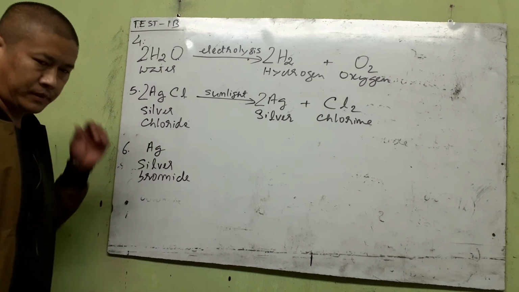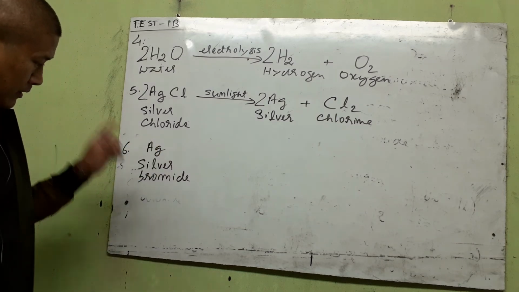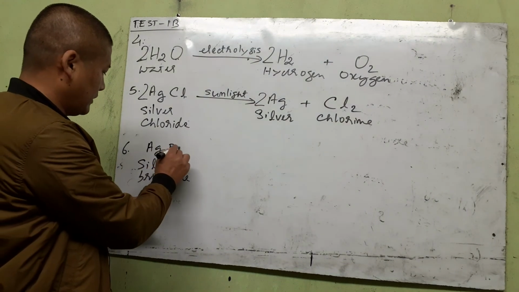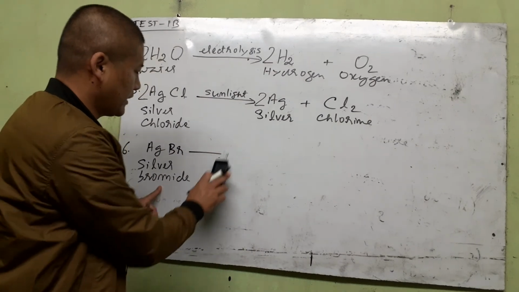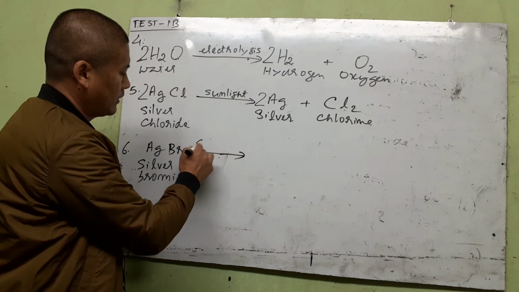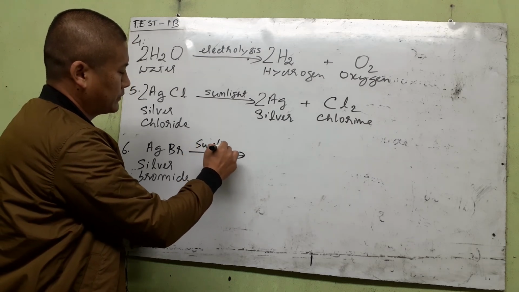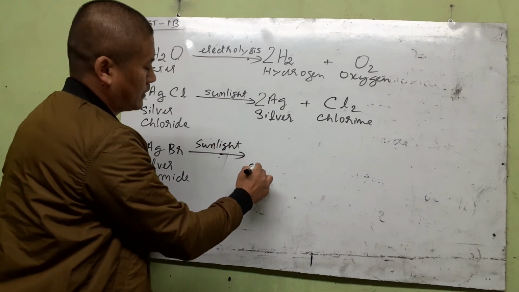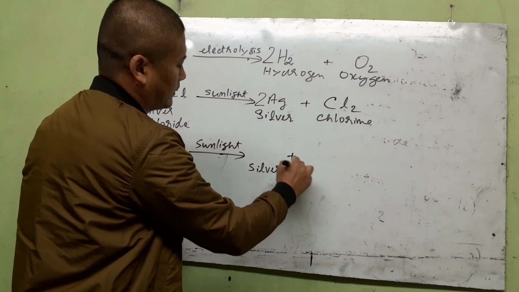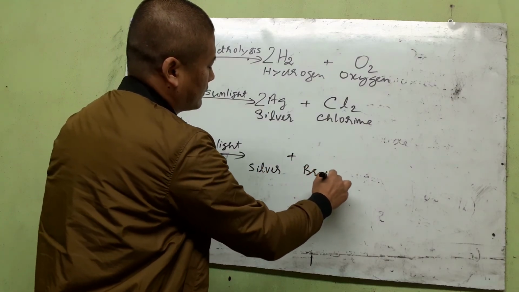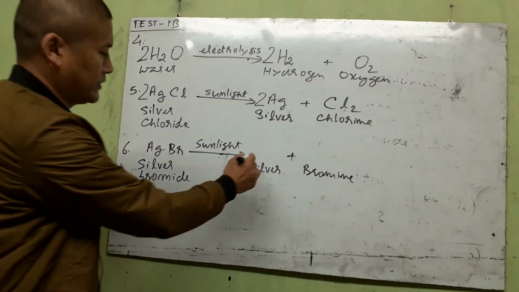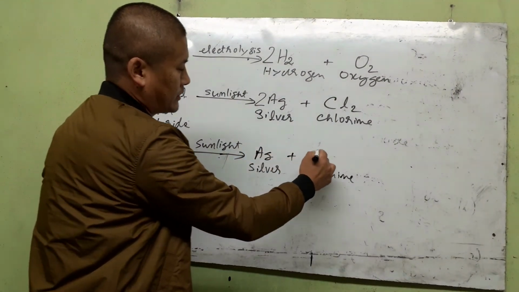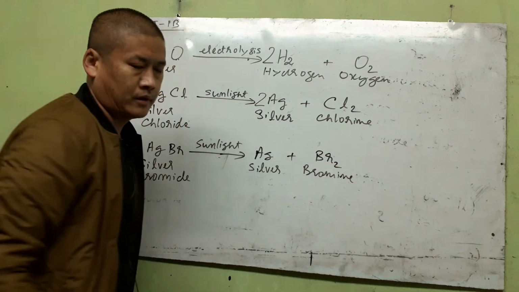Silver ion Ag1 plus, bromide ion Br1 minus, so 1 and 1 valency, the formula remains AgBr. On exposure to sunlight it gives silver and bromine, a liquid. So here silver we know is the atom Ag, bromine is the liquid, Br2 formula.